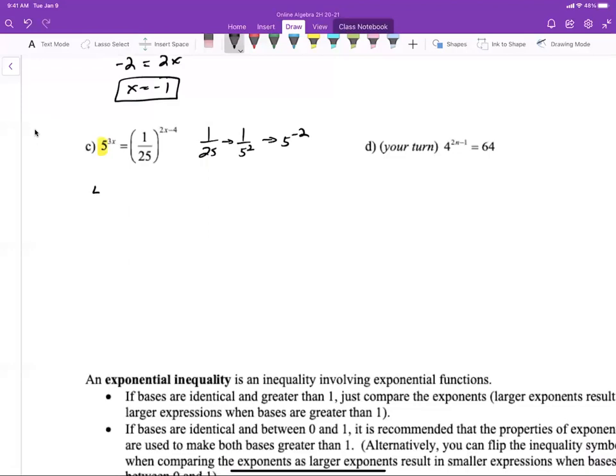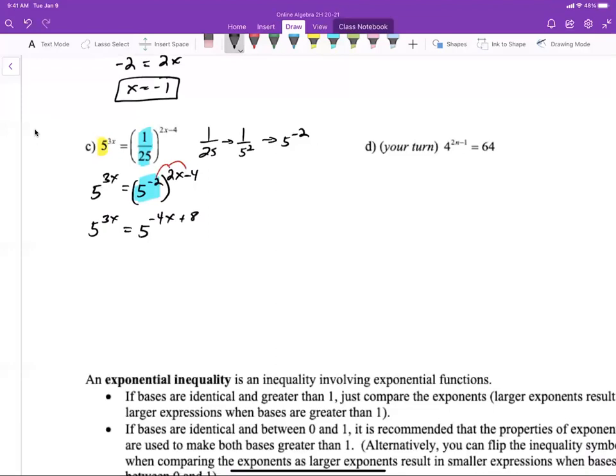And so I have 5 to the 3x is equal to 5 to the negative 2, so that is 1 over 25, and that is to the power 2x minus 4. So I have an exponent raised to an exponent, and I will then need to multiply that negative 2 through the entire expression. And when I do that, on the right-hand side, I will get 5 to the negative 4x plus 8.